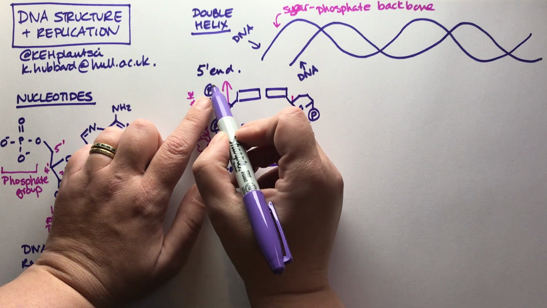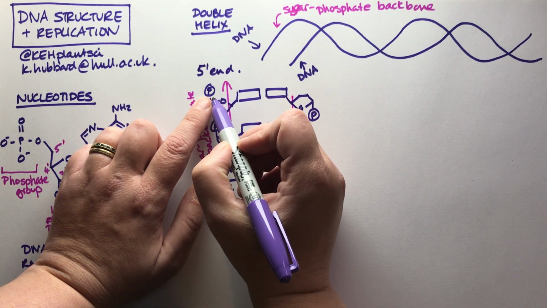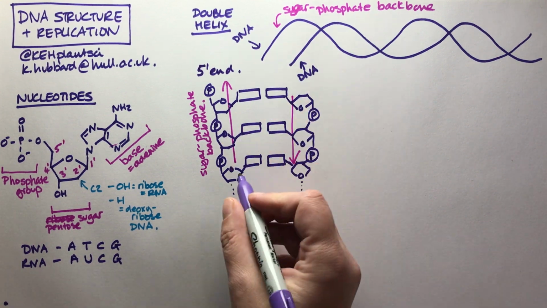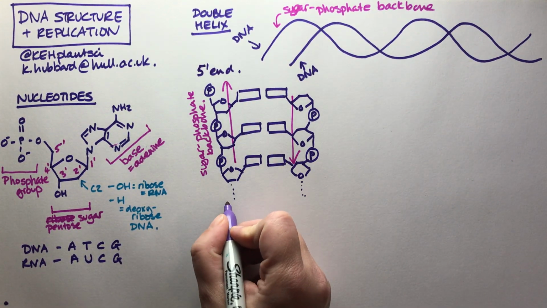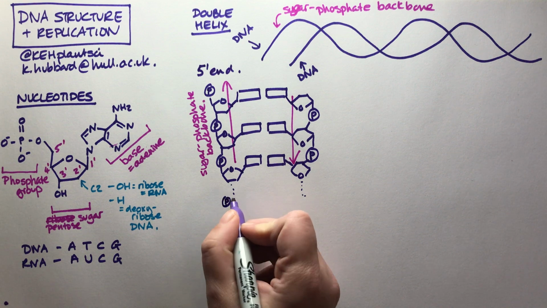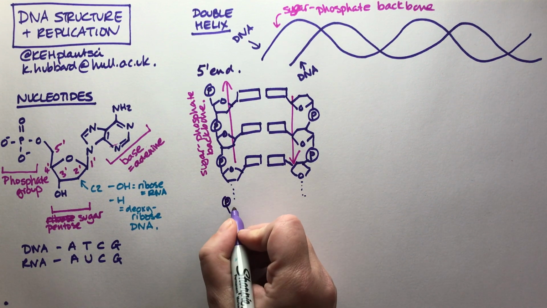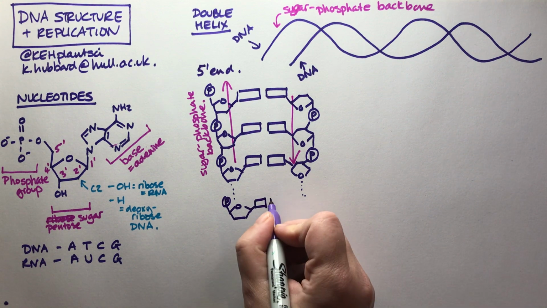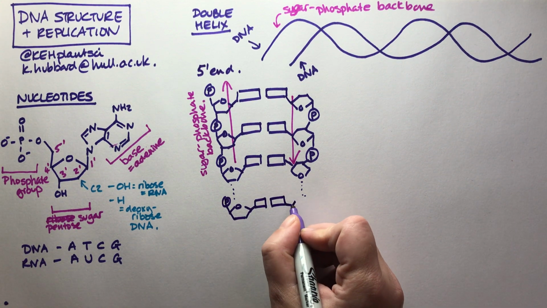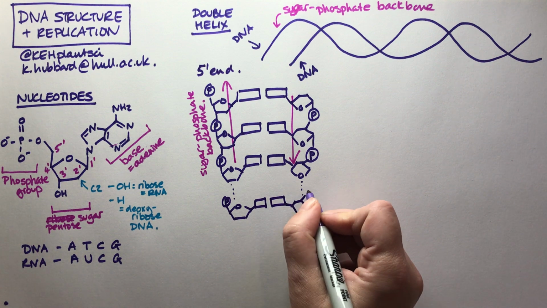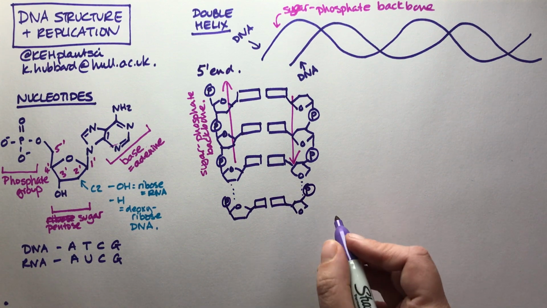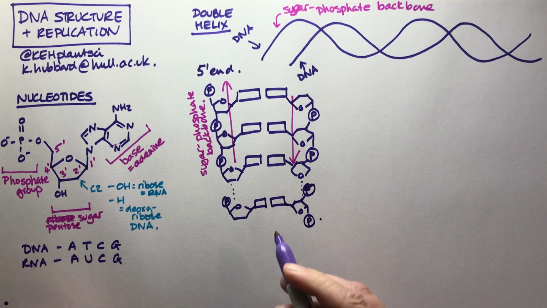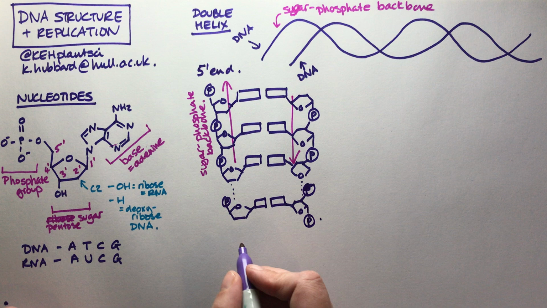So we call that the 5' end because the phosphate's always attached to the 5', which means at the other end there's another phosphate. There are lots of them in there, but this is the very last nucleotide in the chain.